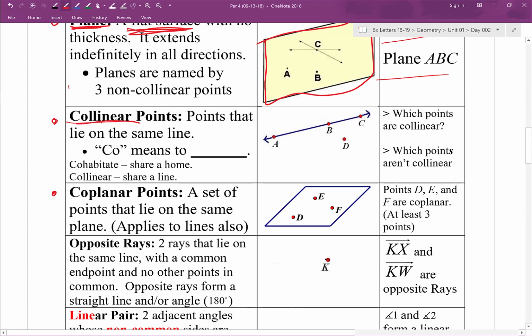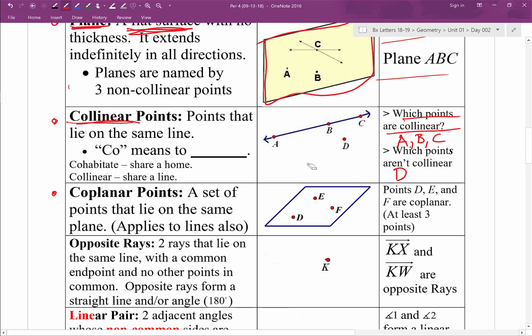Collinear points. All right? If you look at this picture, which points do you think are collinear? A, B, and C. Well, which point is not? D. Okay. Why is D not?